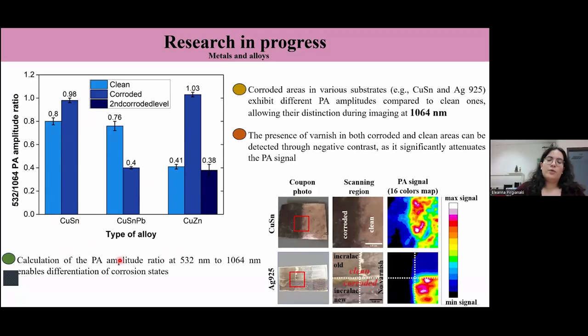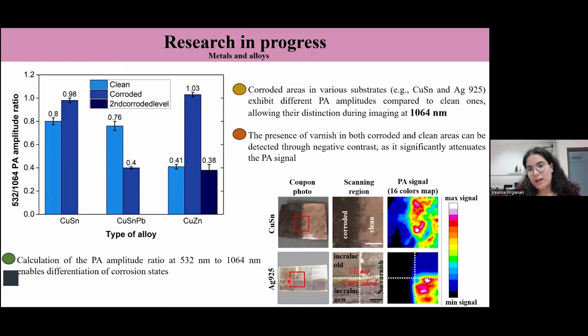Now, if we want to perform photoacoustic imaging on metals, we can distinguish the regions that are corroded from the clean ones, because the photoacoustic signal amplitudes are different, as you can see.